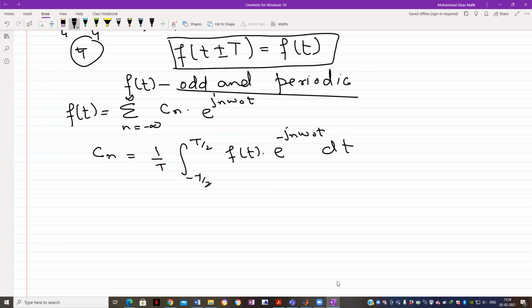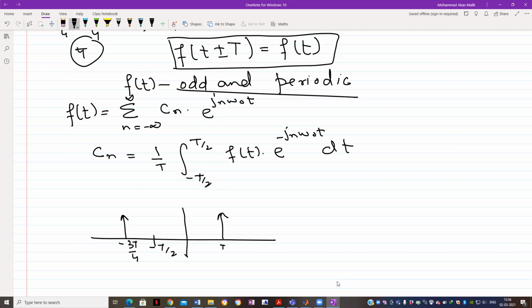Can you write down, because you need the signal between minus T by 2 to T by 2, right? So what will be my equation for minus T by 2 to T by 2? Try to understand, please. Minus T by 2 is here, because you have another value at minus 3T by 4. This will be your minus T by 2.